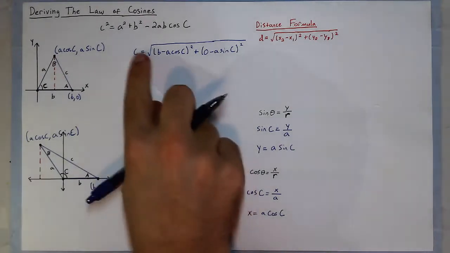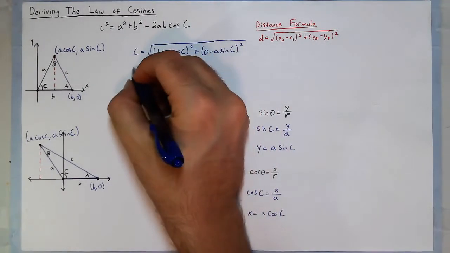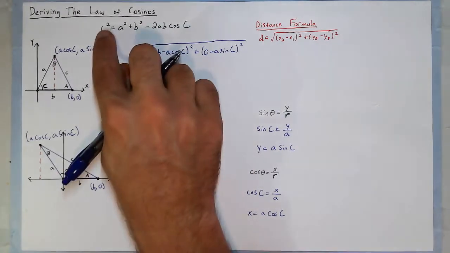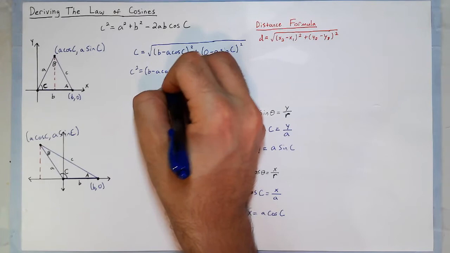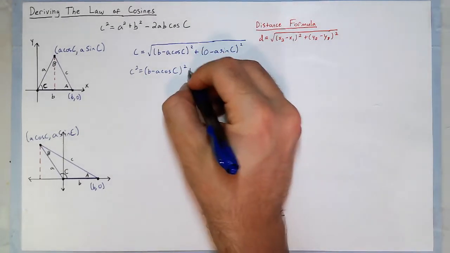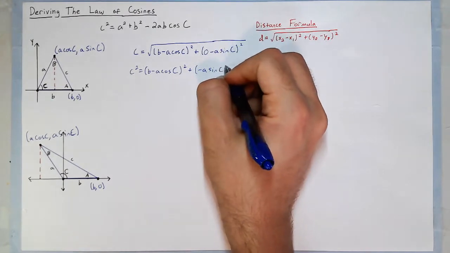I'm going to square both sides of my equation just to get rid of the square root, giving me c squared is equal to b minus a cosine of c squared plus negative a sine of c squared.